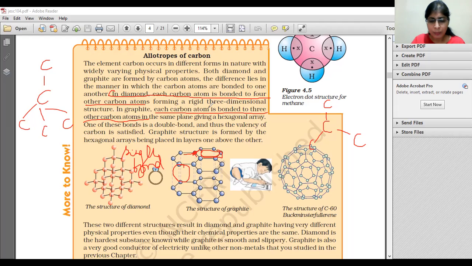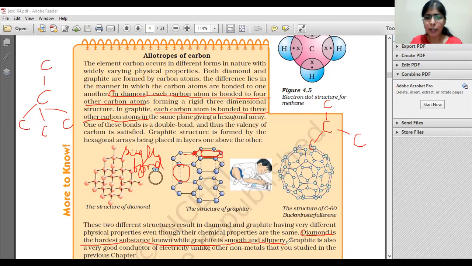There are a few more differences also. Diamond is the hardest substance ever known, while graphite is smooth and slippery. Diamond is costly and graphite is cheaper. Graphite is a very good conductor of electricity.